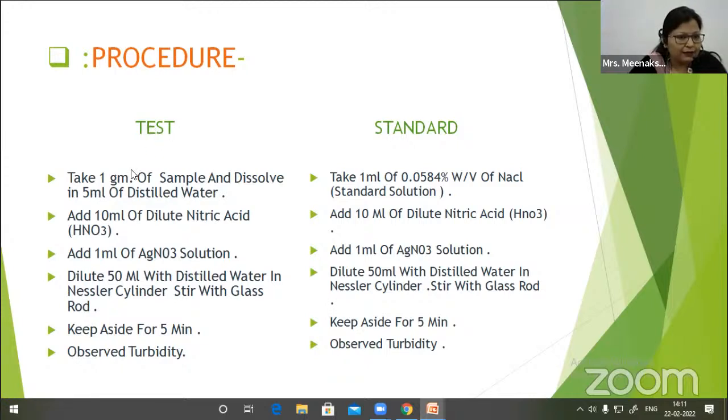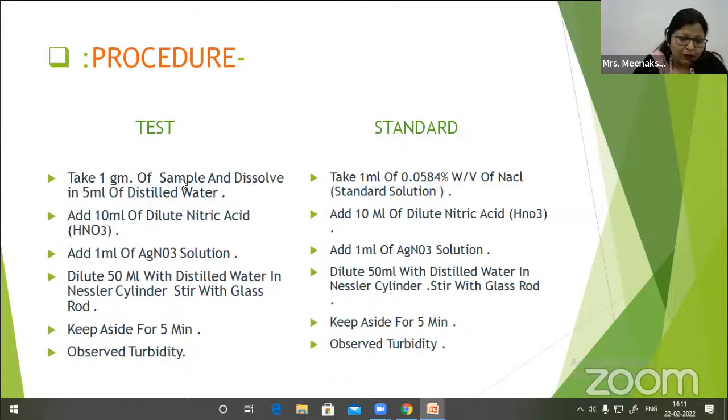Here we have taken the test. These tests and the standards are all made according to the pharmacopoeia. Standards are given in the pharmacopoeias: when we are performing the limit test for chloride, how much of the standard solution has to be made. This is given in the pharmacopoeias.